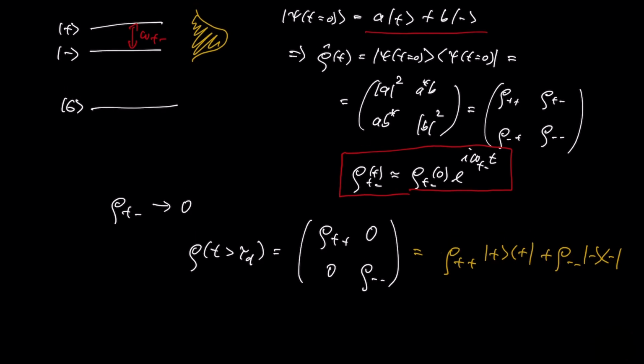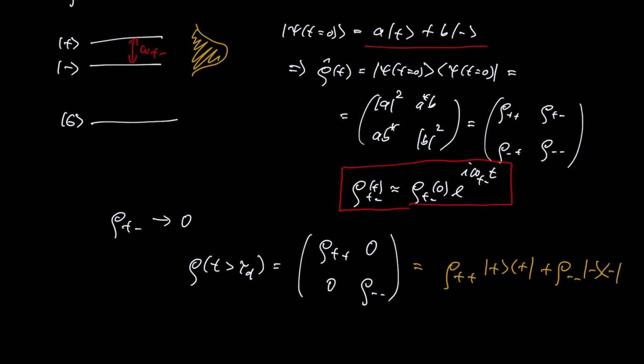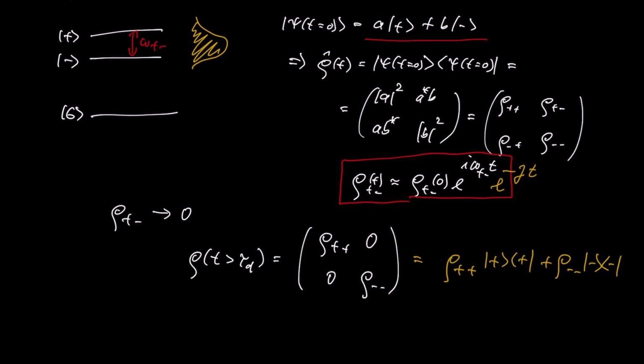Once we lose the off-diagonal elements, because they decay by some rate, we get a so-called mixed state. This is like a completely mixed state, whereas this thing is a pure state.